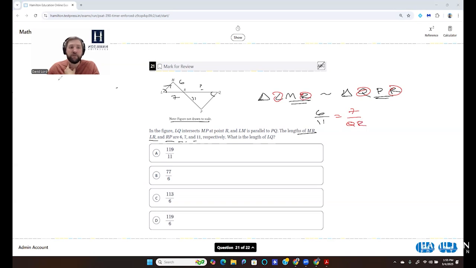All right, we do a little cross multiplication. And we get 6 equal to 11, there's a 7 here, and then the QR here. And then, as you can imagine, we can then get the answer by dividing both sides by 6. So we want 77 over 6, which is B, and that is the correct answer.